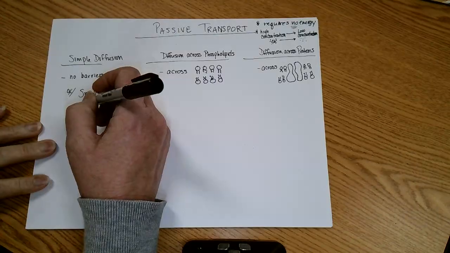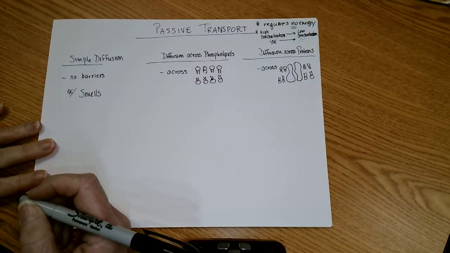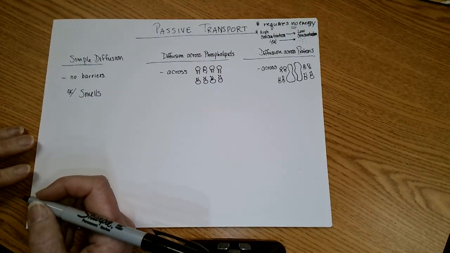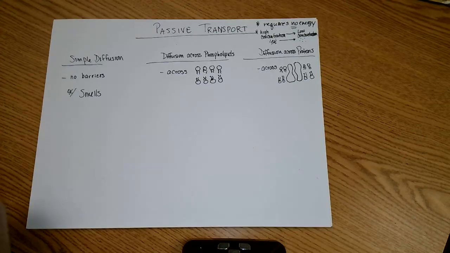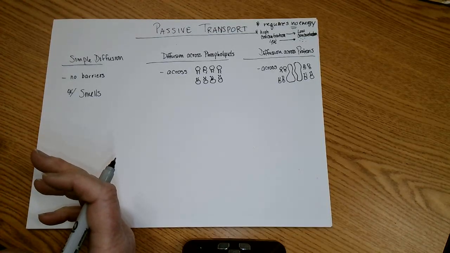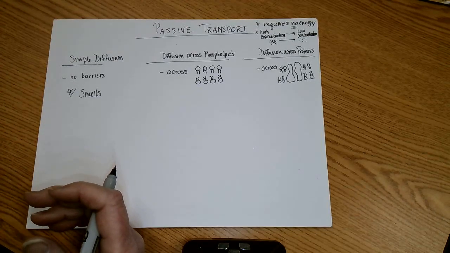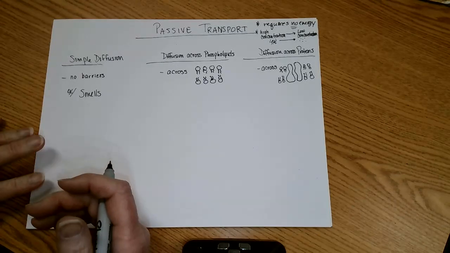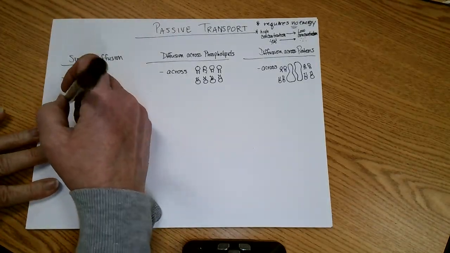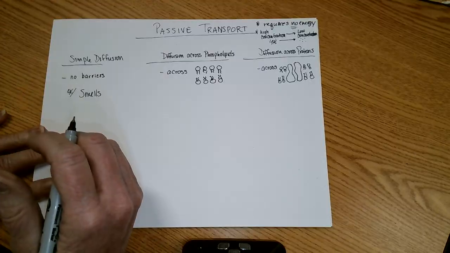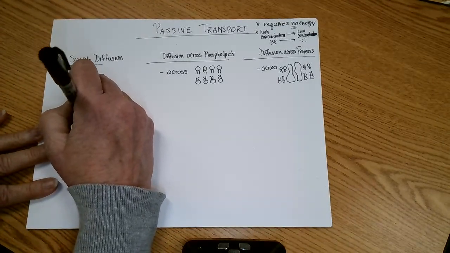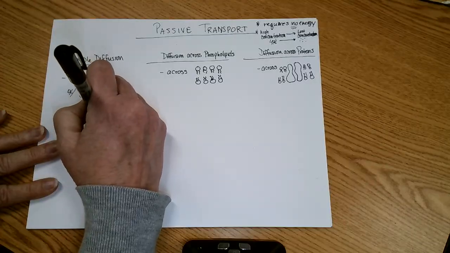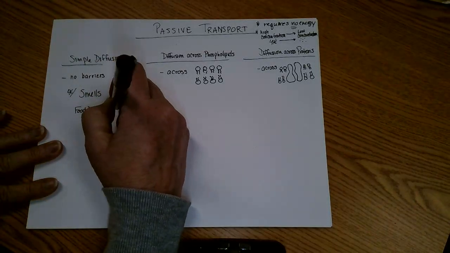Anyway, another example of simple diffusion is, did you ever wash a red shirt in with the white laundry? If you did, and that red shirt bled, meaning it leaked all its red coloring, you ended up with pink underwear if you had whites in there. That's a good example, like if I dropped food dye into water.